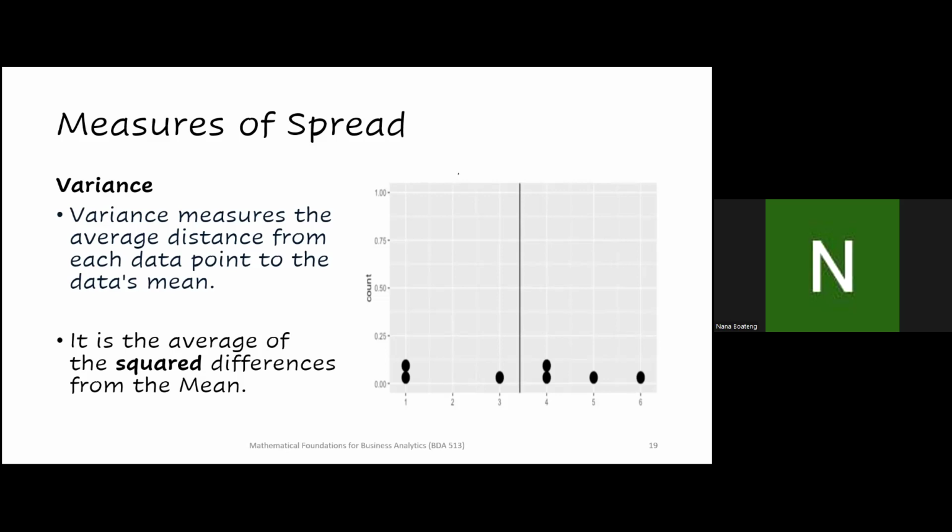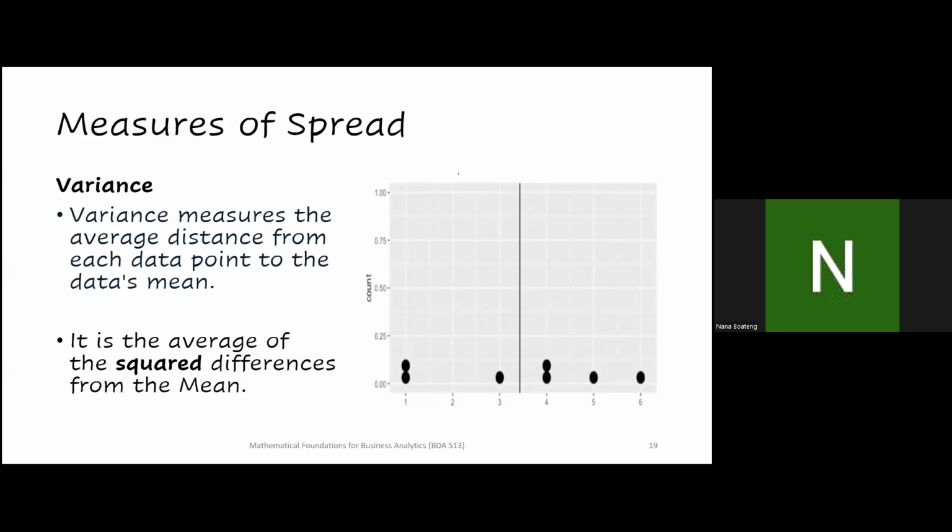So in order to calculate the variance, I think we did this last time when we were calculating the Euclidean distance. You have the mean and then the distance from the mean, the distance between the actual data point and the mean. Then we look at the squared differences and add them all up.